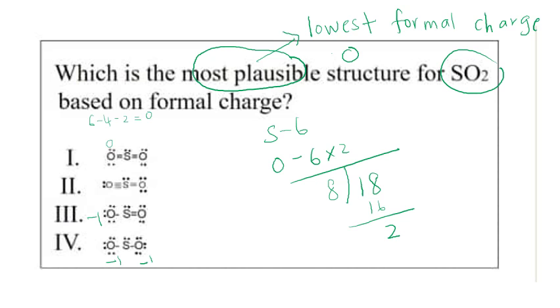So this one 0, 0. This one the formal charge is also 0. This one also 0. And for sulfur, in this case sulfur is similar to oxygen, so the formal charge is also 0. So for this question, the correct answer is 1.